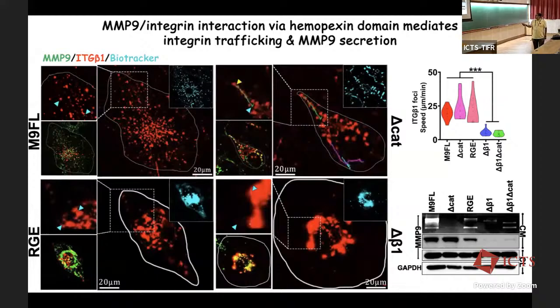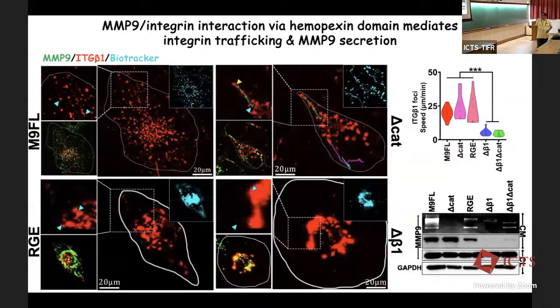However, here you see another difference between RG and delta beta 1. When you remove that 17 amino acid stretch, integrins cannot reach the membrane. So for delta beta 1, the foci speed is very low. They are mostly restricted to in and around the ER and not co-transported.